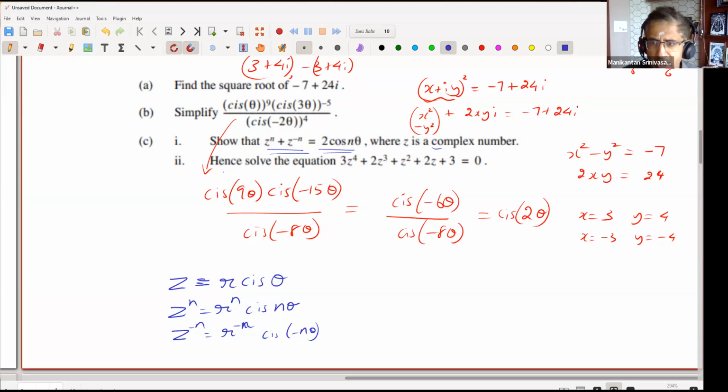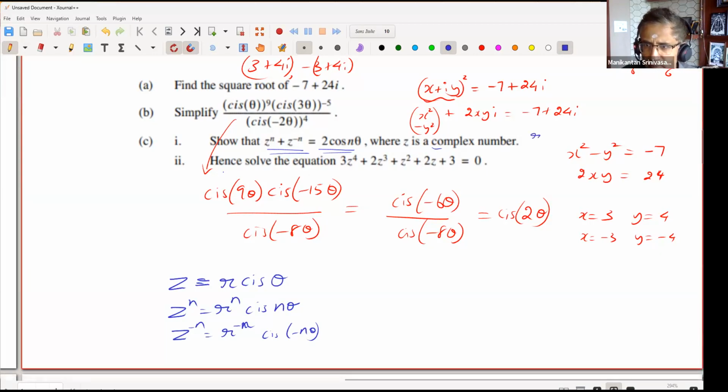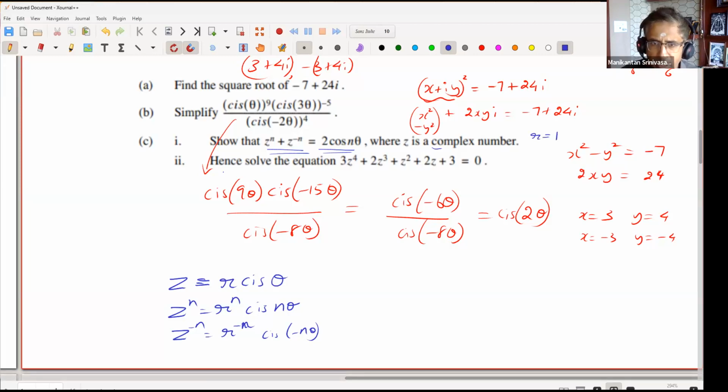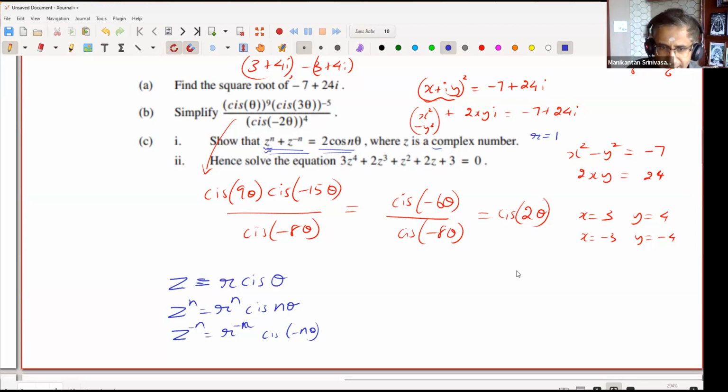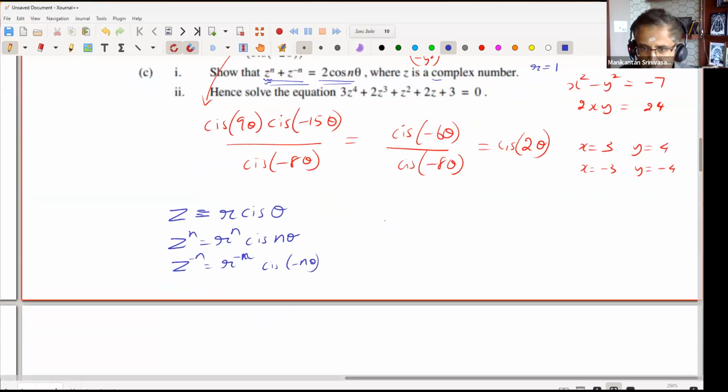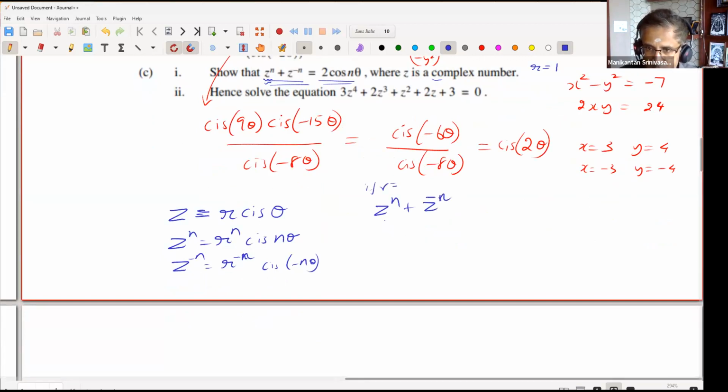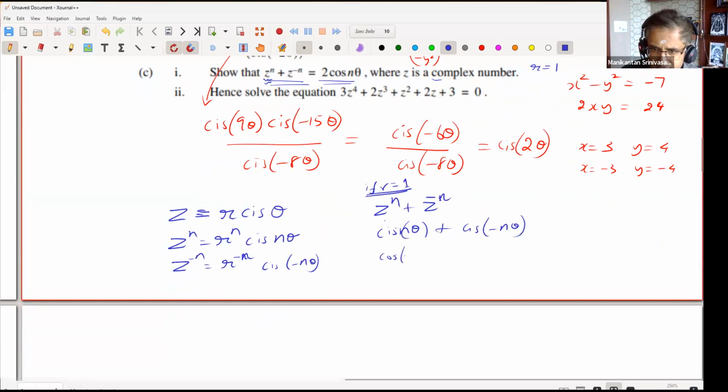So he's assuming r is 1, because only then this will be cis n theta. So let's see what we get. If r is 1, then z power n plus z power minus n would be cis n theta plus cis minus n theta. So this will be cos n theta plus i sin n theta.